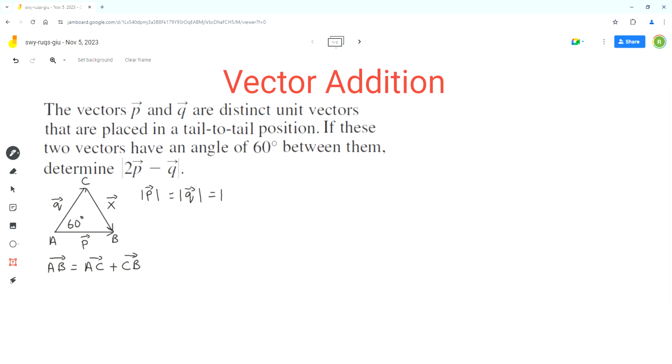Now vector AB is given as vector P. Vector AC is vector Q. And vector CB is vector X. So now we can isolate vector X by subtracting vector Q from both sides.